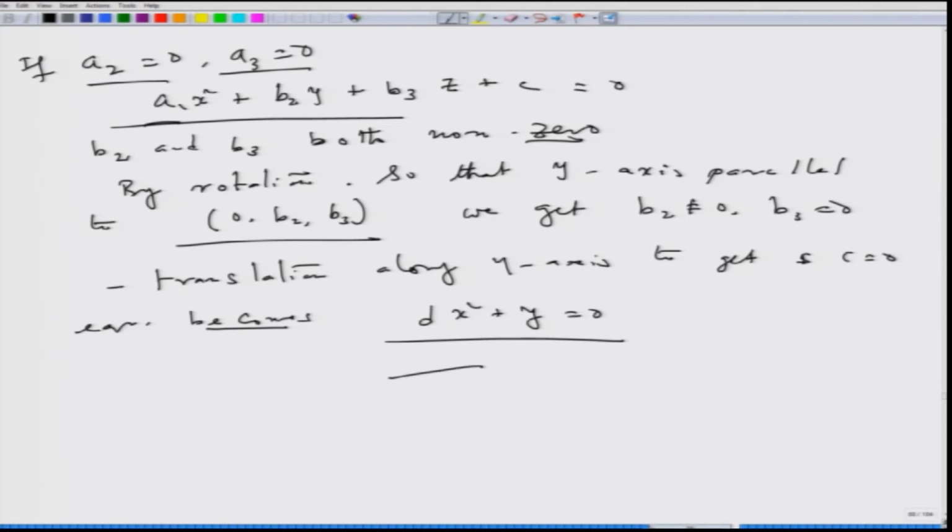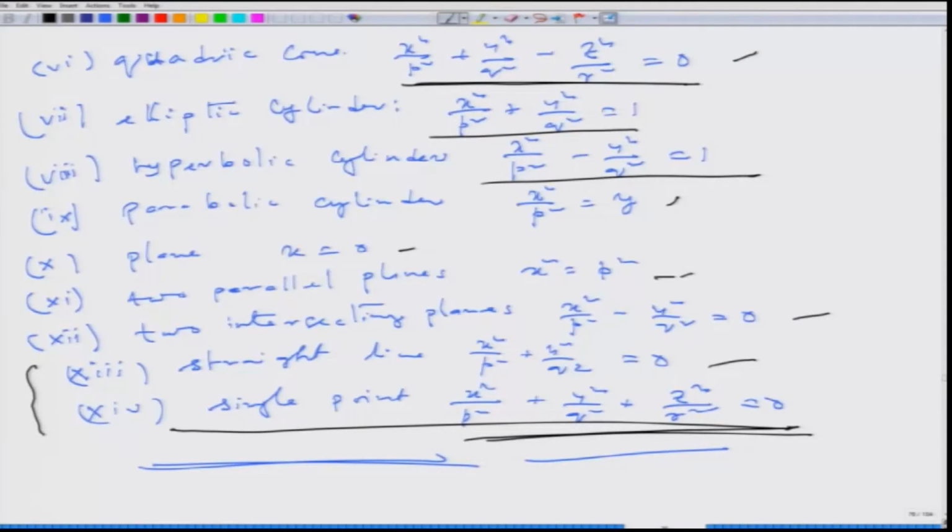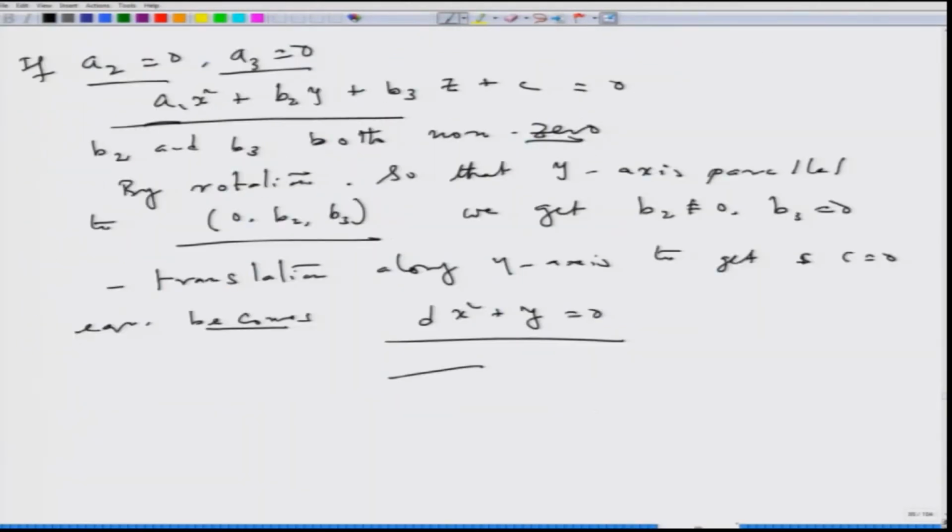Let us go back, this one, right. So, this gives case 9.